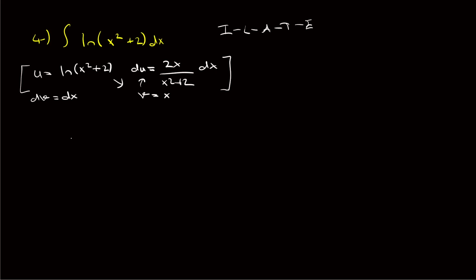Now it's time to follow the arrows, which gives us x ln of x squared plus 2 minus integral of 2x squared over x squared plus 2 dx. To integrate this, I have to do a polynomial division because the degrees of the x's are the same, and I need to simplify that a little bit.